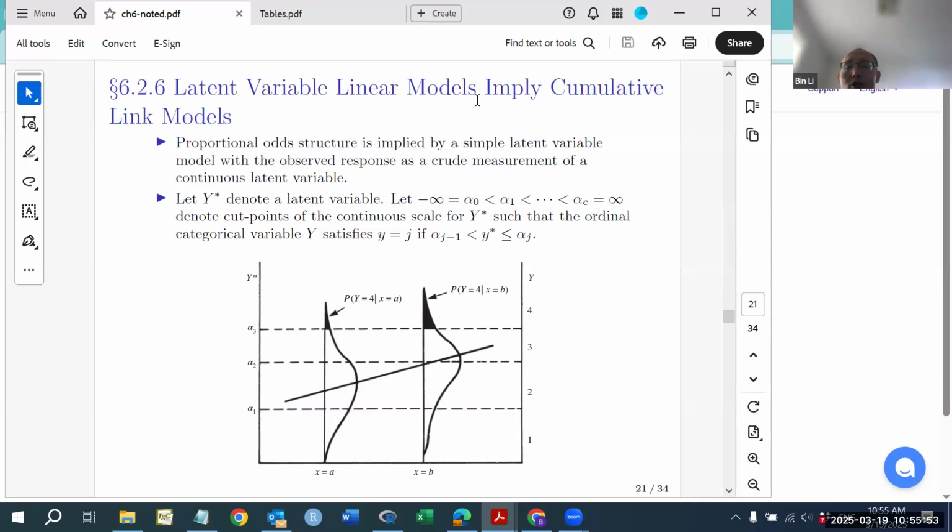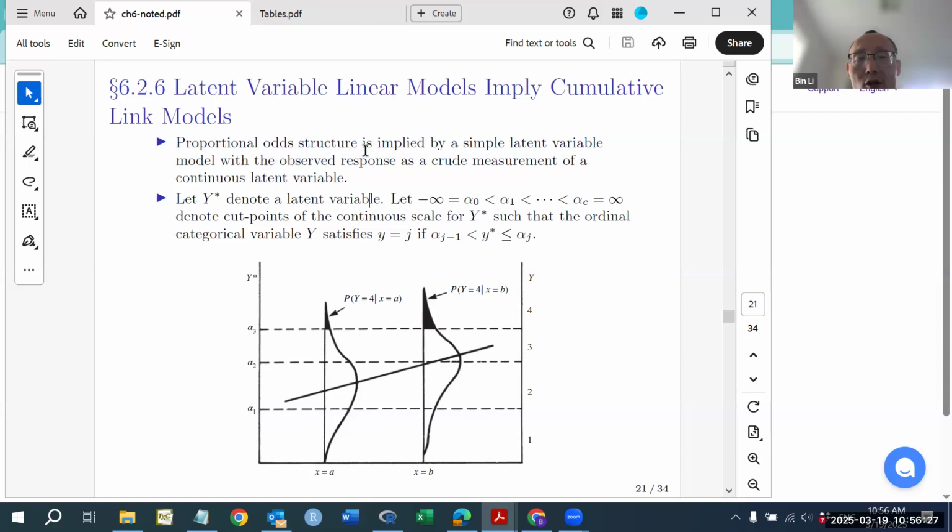So for all these cumulative link models, we can interpret through the latent variable linear model. So that's what the slides meant. So here the proportional odds structure is implied by a simple latent variable model with observed response as a crude measurement of a continuous latent variable.